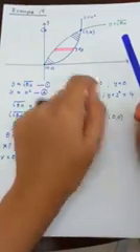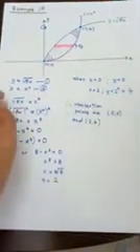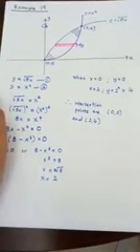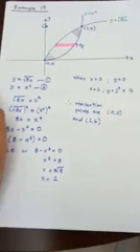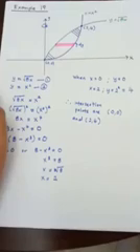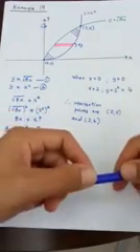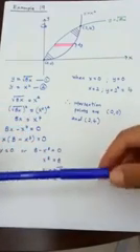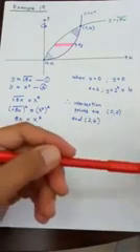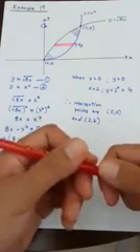To determine the length of the strip, we have to determine the outer radius and the inner radius. If you can see here, the outer radius must be measured from the axis of rotation, in this case the y-axis, up to the outer curve.